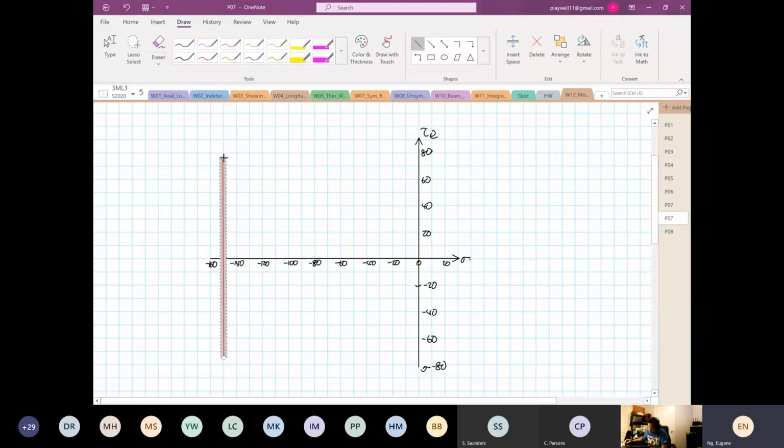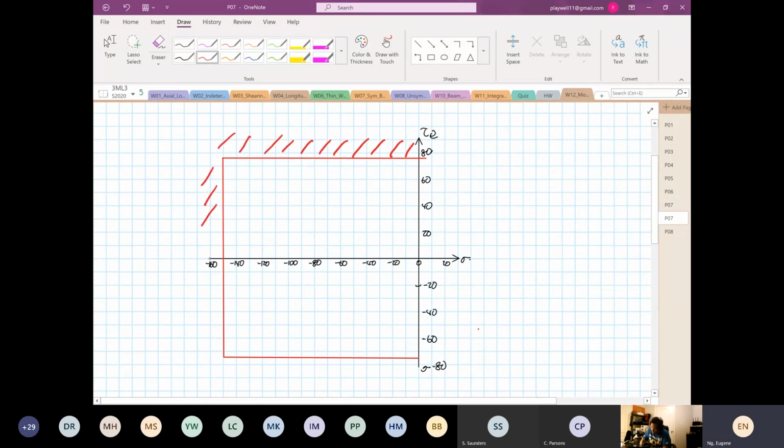I don't waste your time drawing the other half, because the circle will not go to the other half. So this is one line, the 75 line. It cannot go outside. You go outside, you're dead. The material will yield.